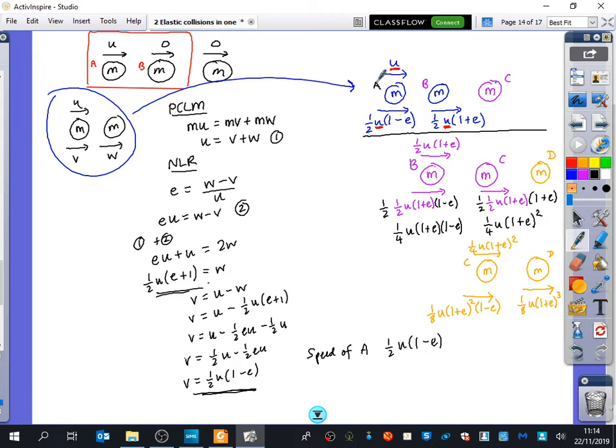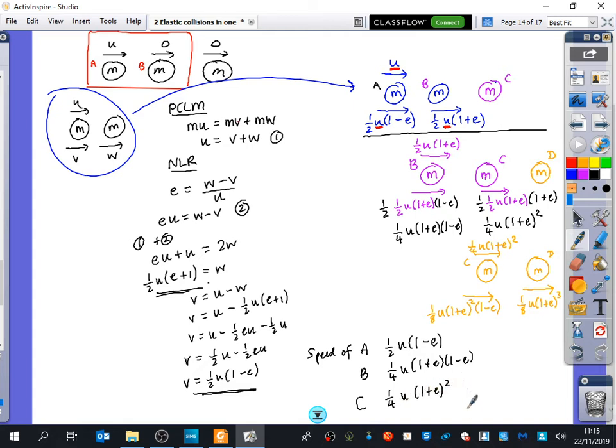Remember, this is particle A. So it was U, and now it's a half U, (1 minus E). The speed of B, this is now after the second collision, because B is after the whole thing. Which is the speed of B after the second collision? A quarter U. Good, it's (1 plus E)(1 minus E). And then the speed of C is the one that we have down here, which is a quarter U (1 plus E) squared.